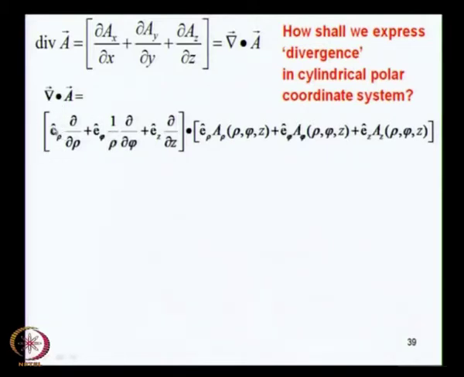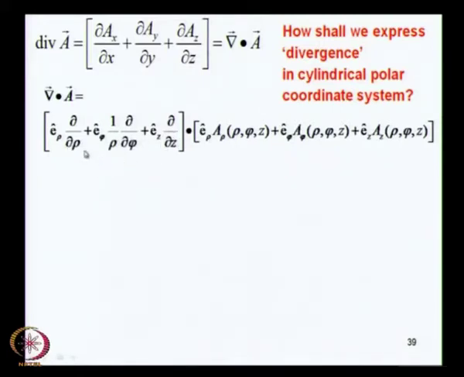It will include the unit vectors of the cylindrical polar coordinate system, which are E rho, E phi and E z. It will have partial derivatives with respect to the polar coordinates, which are rho and phi and also z.